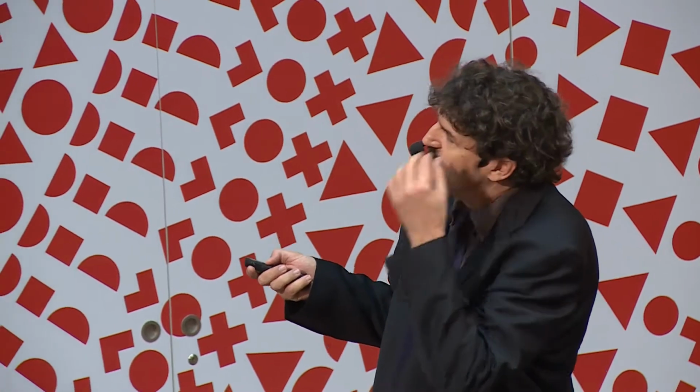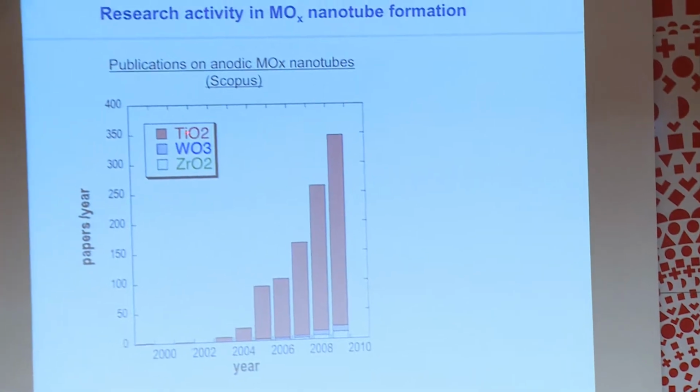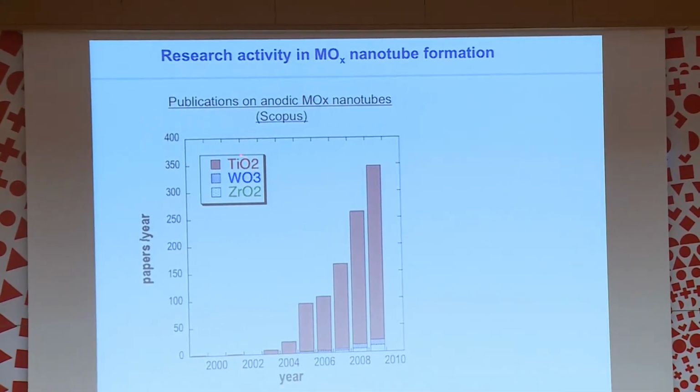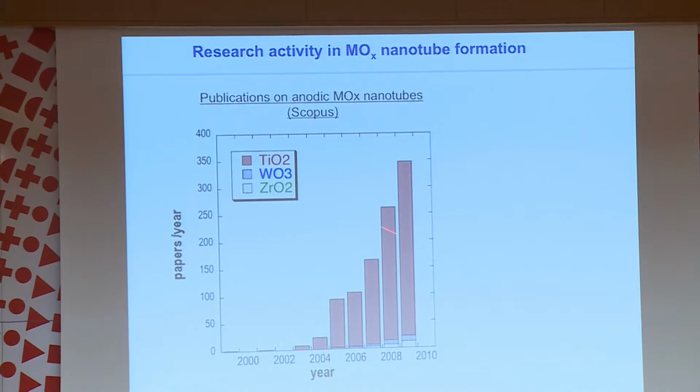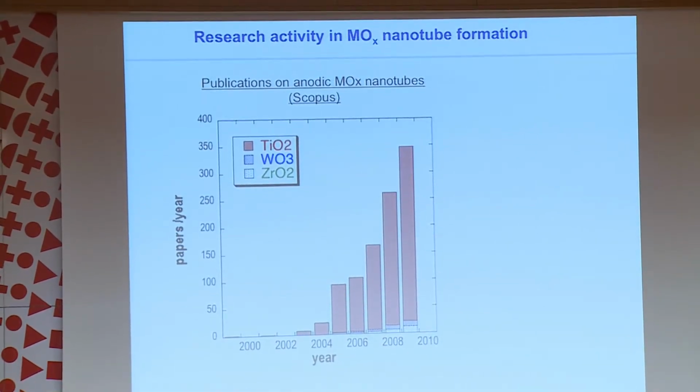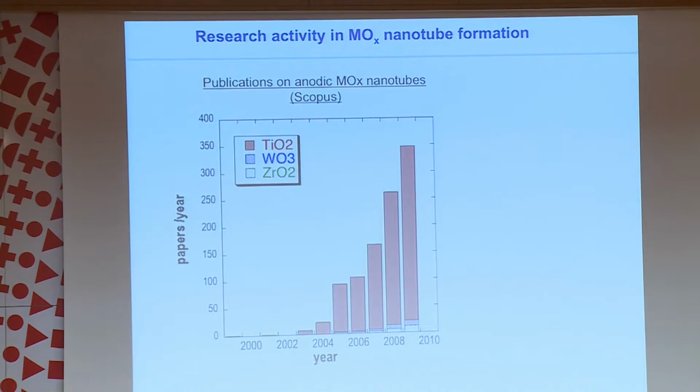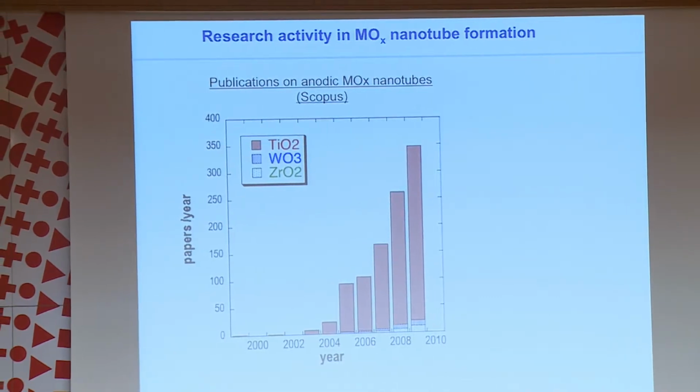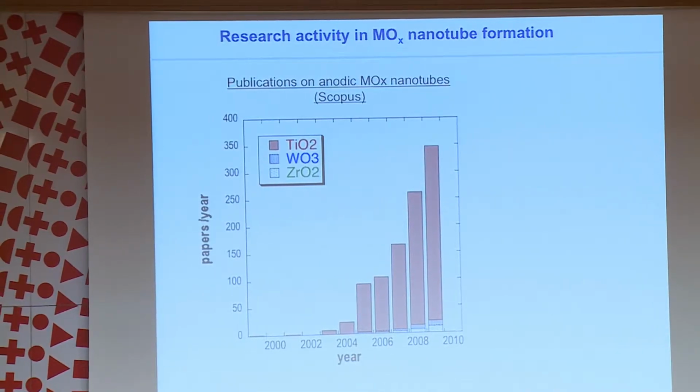Now, one point is, if you look at literature, you would think that all these different elements like niobium, tantalum, iron and so on would find a huge amount of interest. But if you look at the publications published per year over the years, distinguished according to different elements, then you see that still by far the largest number of publications is going into titanium dioxide nanotubes and not something like tungsten trioxide, although very functional too, or zirconium oxide.